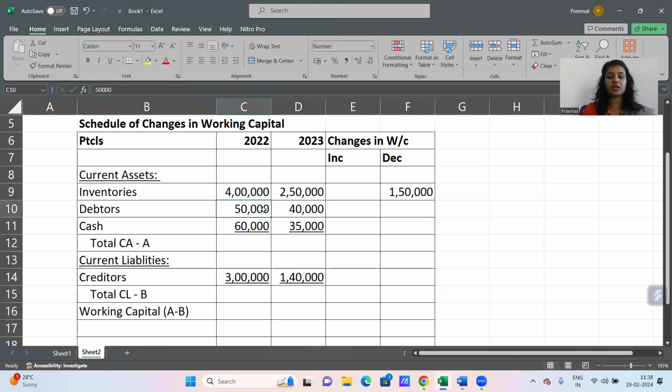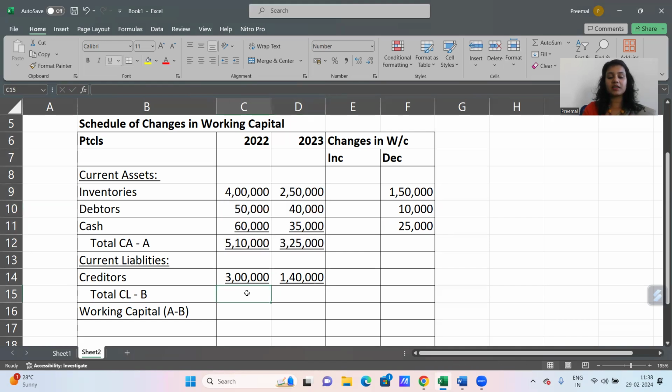Debtors have also shown a decrease of 10,000, and therefore this difference will be shown in the decrease column of working capital. Likewise, cash has also shown a decrease of 25,000. Hence, the decrease in all these assets does lead to a decrease in the working capital as well. You can find out the total of your current assets.